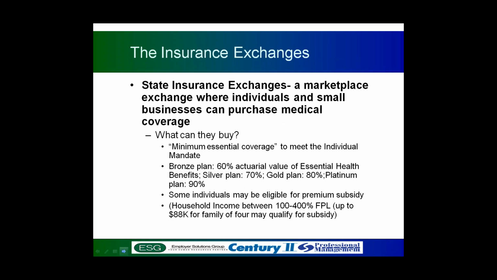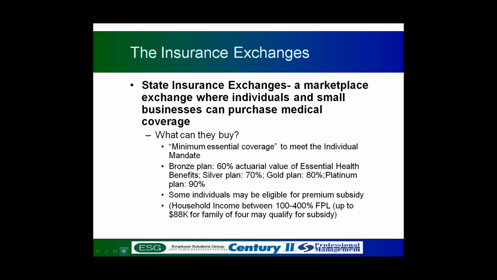On the exchanges, the plans provide minimum essential coverage to meet all the individual mandate requirements. And the types of plans go from a bronze level, which provides 60% actuarial value of the essential health benefits, up to a platinum plan, which provides 90% value.